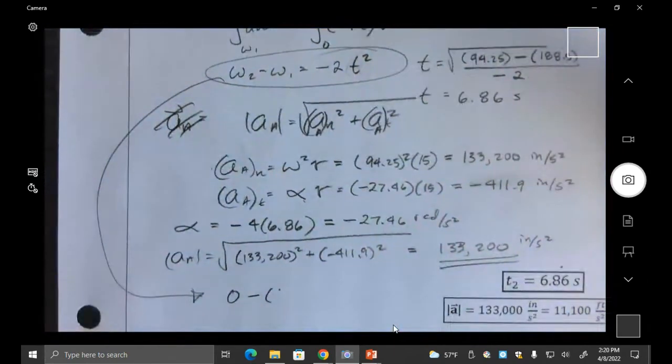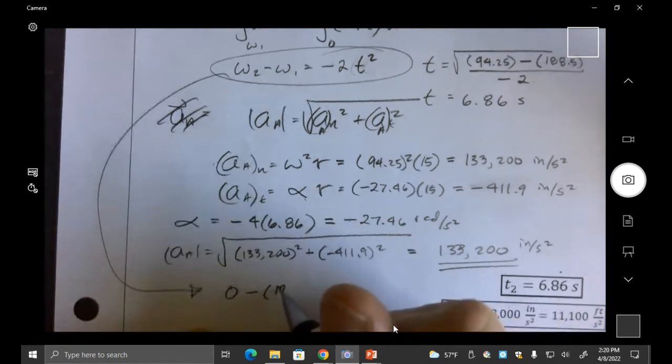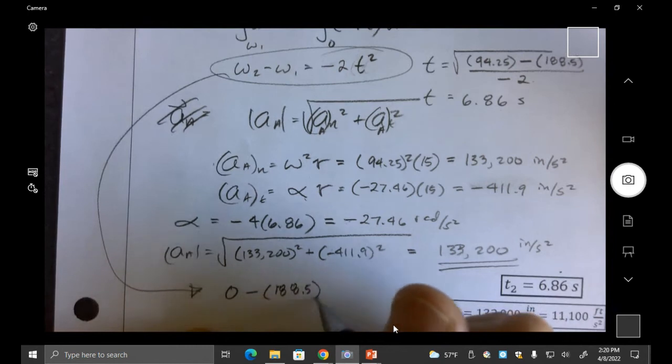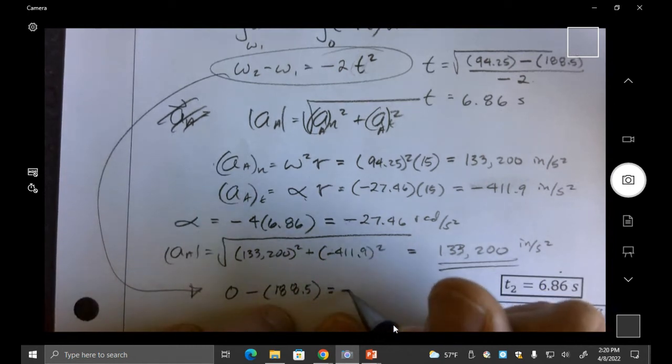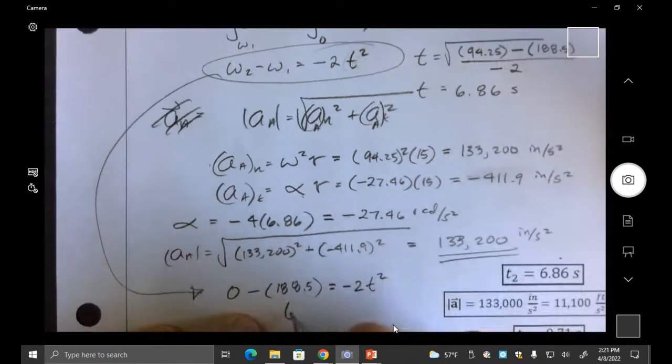So I guess you're implying it's from the very beginning. There's sort of a problem with the way it was phrased; to make it very clear, from time 0, not the additional time after the 900. I think that's, yes. So they go 188.5 minus 2 t squared, so we get t is equal to 9.71 seconds.